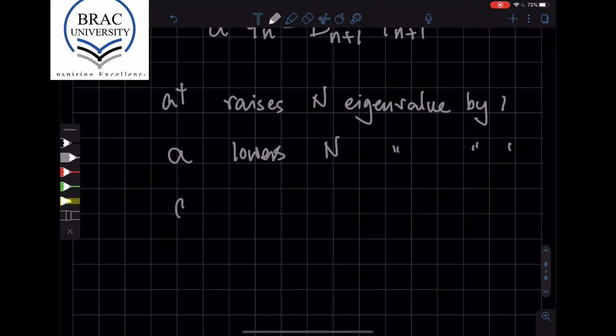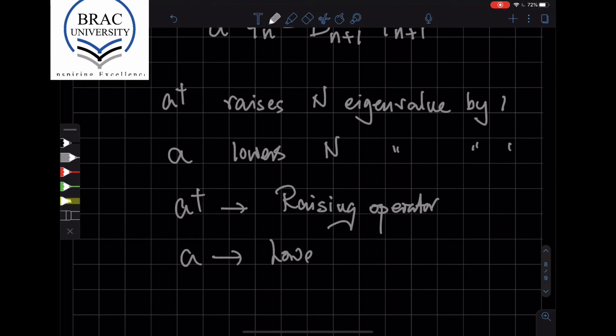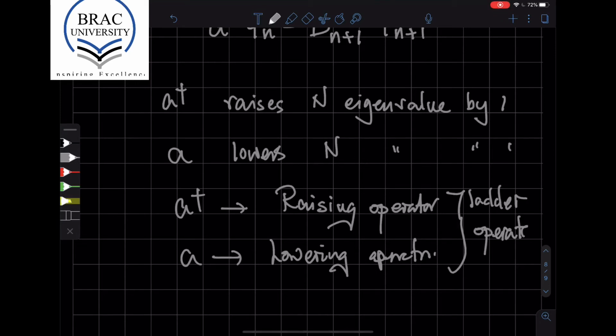So that's why a dagger is called the raising operator, and a is called the lowering operator. And together they're called ladder operators. So we need to determine C and D.